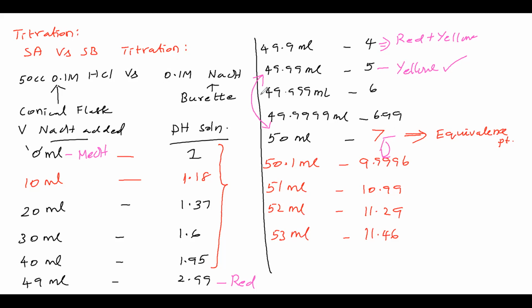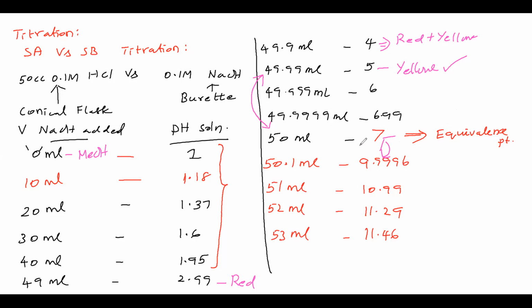Therefore, with these acid base indicators, it is giving the end point, but some inaccuracy will be there. Different indicators indicate in different manner. Phenolphthalein indicator gives the end point after the equivalence point.